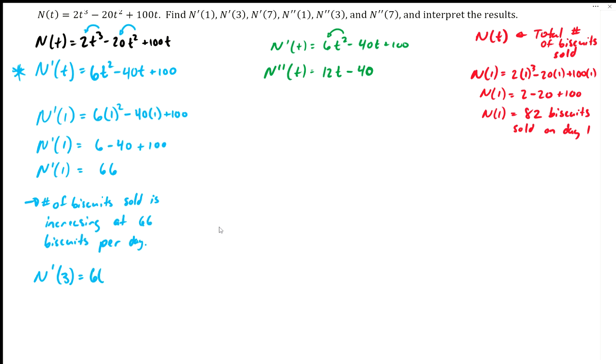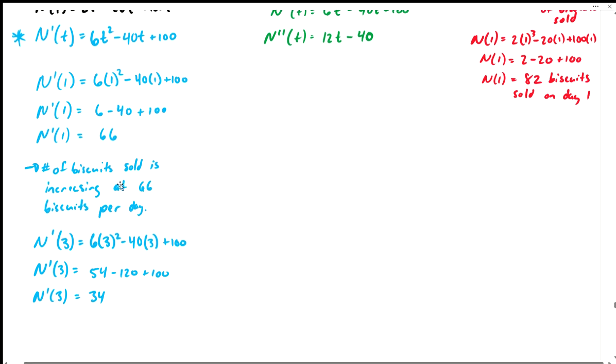So we'd have 6 times 3 squared minus 40 times 3, and then plus 100, and we'll simplify. So n prime of 3 is equal to 54 minus 120 plus 100, and it simplifies to be 34. So n prime of 3 is 34.